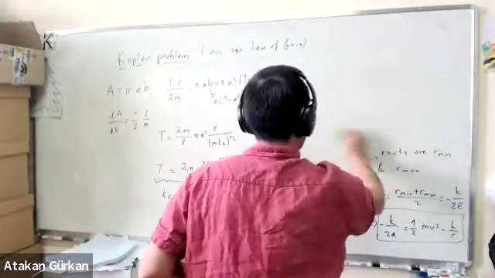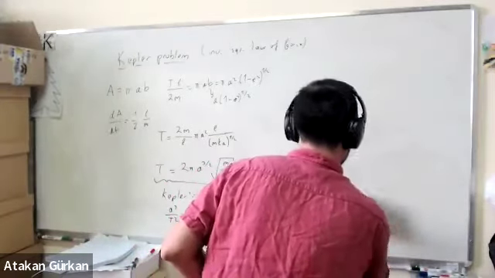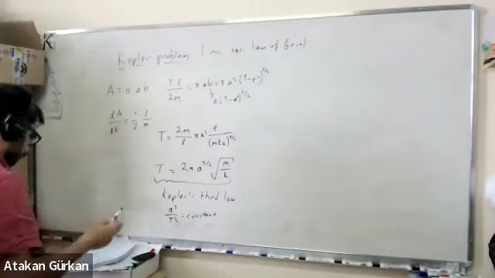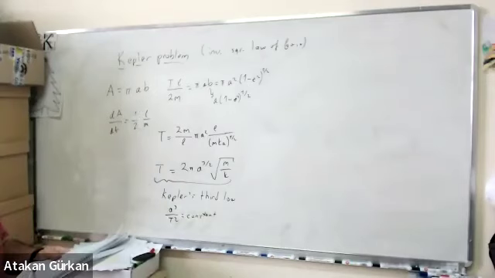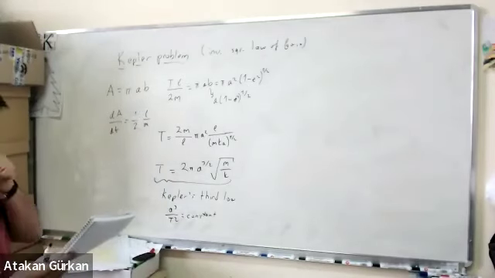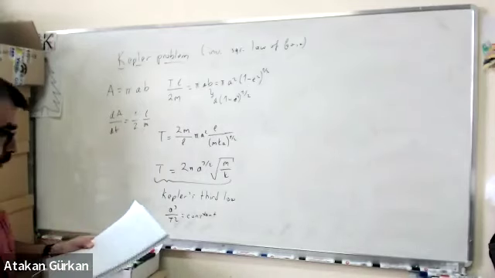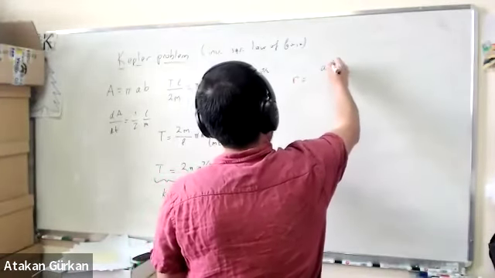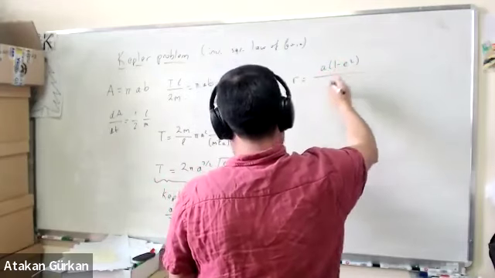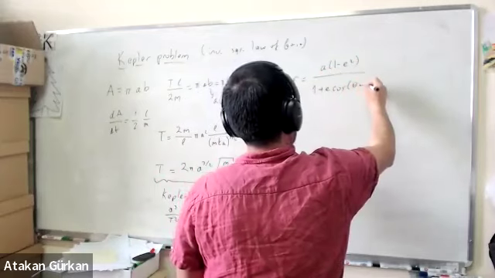Okay. Now these are just properties of the ellipse. If you don't know them, then you get stuck, but these are written in all geometry books. Now, one quantity that we can define, so we can write our r as a times 1 minus e squared, over 1 plus e cosine theta minus omega.